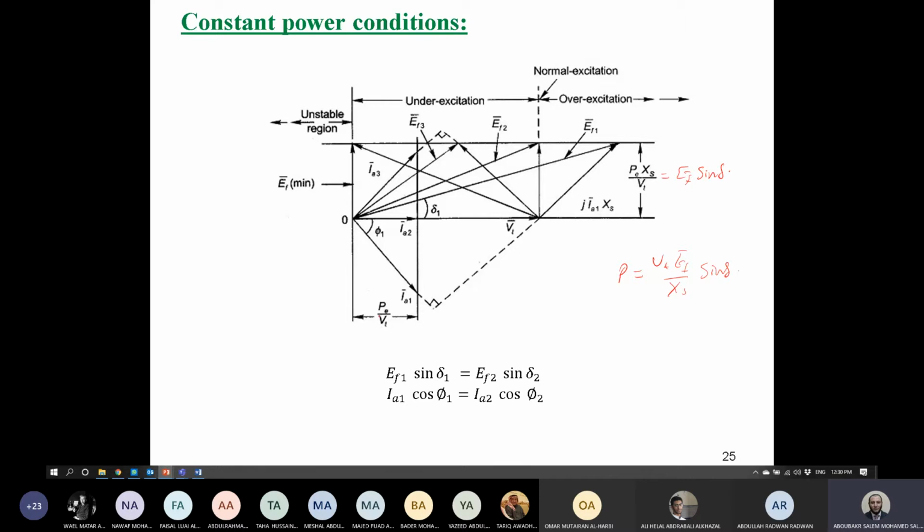And the same is also شباب here for the current multiplied by power factor. تمام? P over V is nothing but IA multiplied by power factor. So these are the conditions we used here for constant power, and the relation that we can use at constant power operation: EF1 sine delta 1 equals EF2 sine delta 2, and IA1 cosine phi 1 equals IA2 cosine phi 2. طبعا cosine phi or power factor.